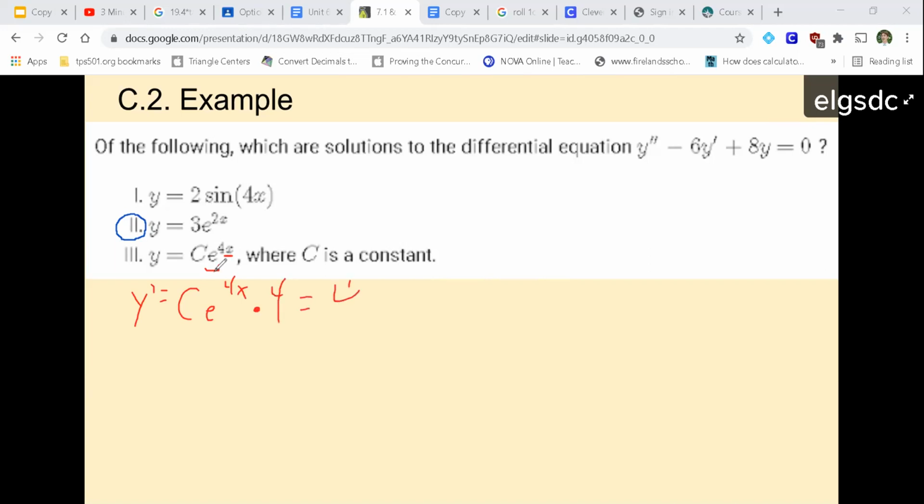So that's the same as 4c e to the 4x. If I take the derivative of that, same idea, chain rule, derivative of the outside e is e, multiplied by the derivative of the inside, gives us 16c e to the 4x.